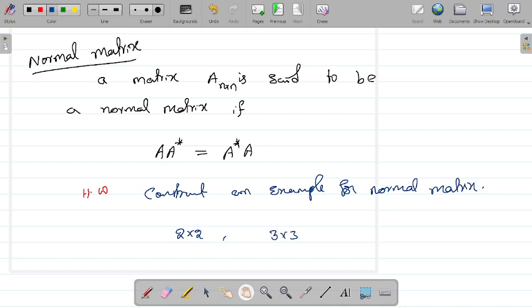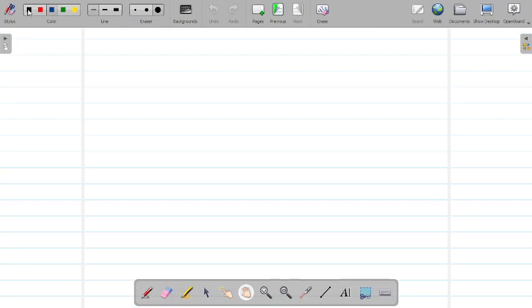In a vector space, the moment you say vector space, you're taking elements as just vectors. For example, let's say you take R2 over R, it is a vector space.